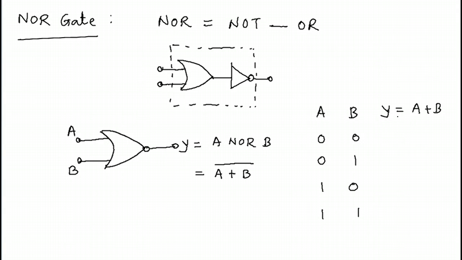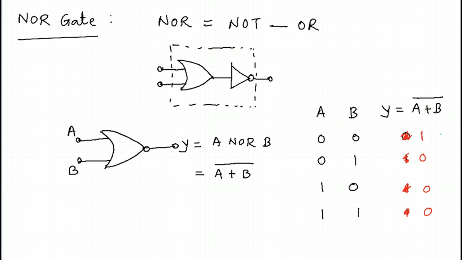So you know that for A OR B, the only place where you get a 0 is when both A and B are 0. Everywhere else you get a 1. So that's A OR B, but really we require the truth table of A NOR B. So it's very simple. Wherever you see a 0, you convert it to a 1, and likewise wherever you see a 1, you just convert it to 0 like that. And that's going to be the truth table of a 2 input NOR gate.